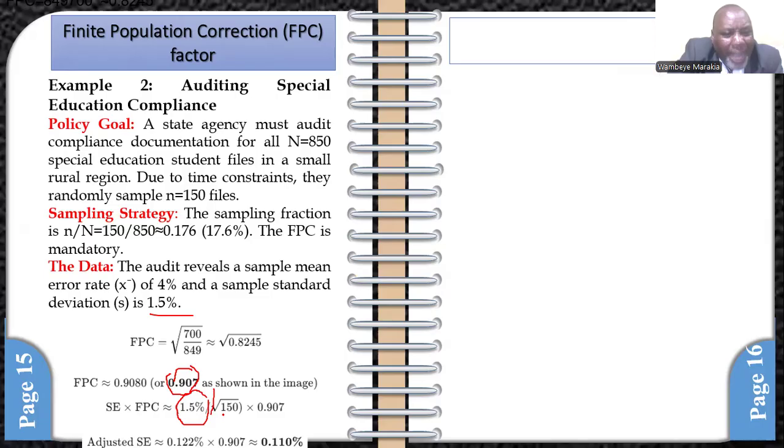We get our adjusted standard error, which is 0.10. And of course, if you calculate, you'll get the uncorrected one, and the corrected standard error will be 0.122.